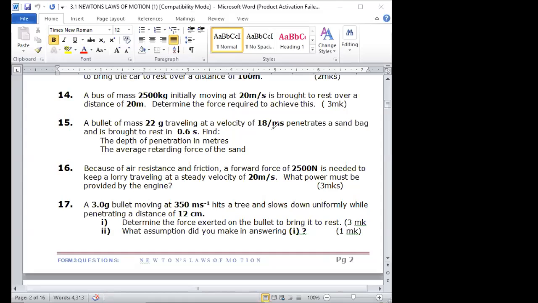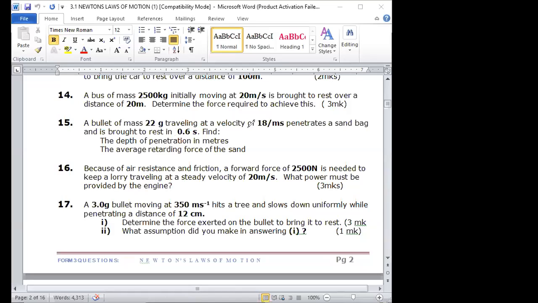We have a problem with the power and it is affecting us, so just bear with the situation for now. A bullet of mass 22 grams traveling at a velocity of 18 meters per second.